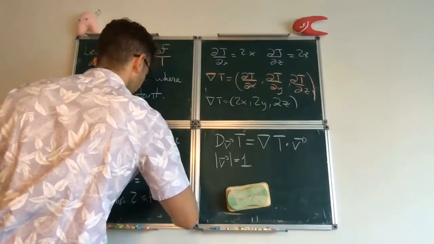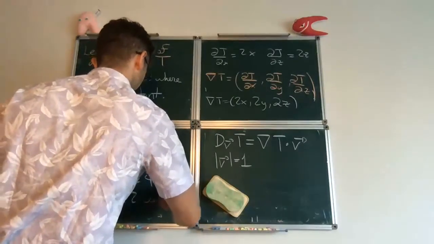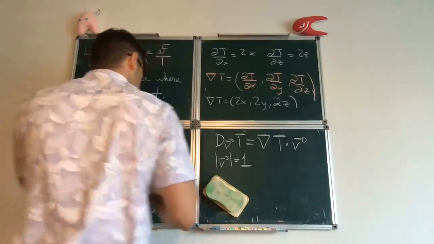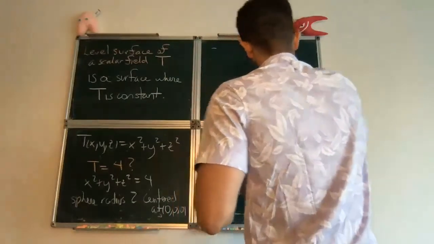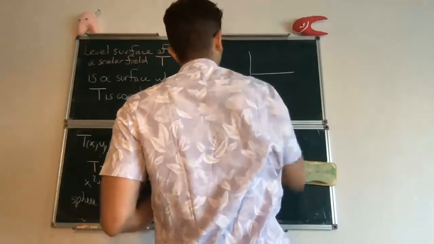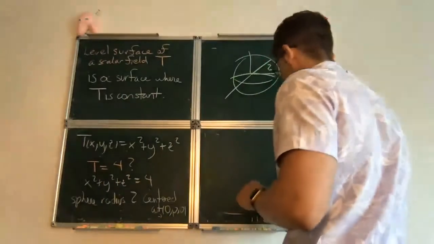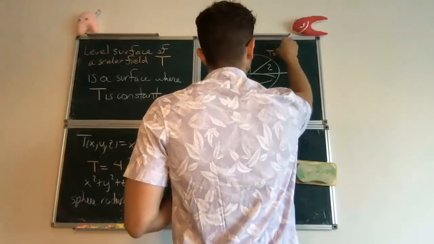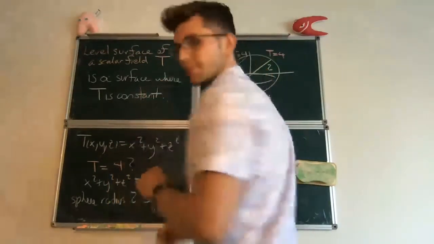So think about this, here you have a sphere of radius 2. And if you move on this sphere, if you're only measuring temperature on the sphere of radius 2, then regardless of the point that you choose, you'll measure the value 4.